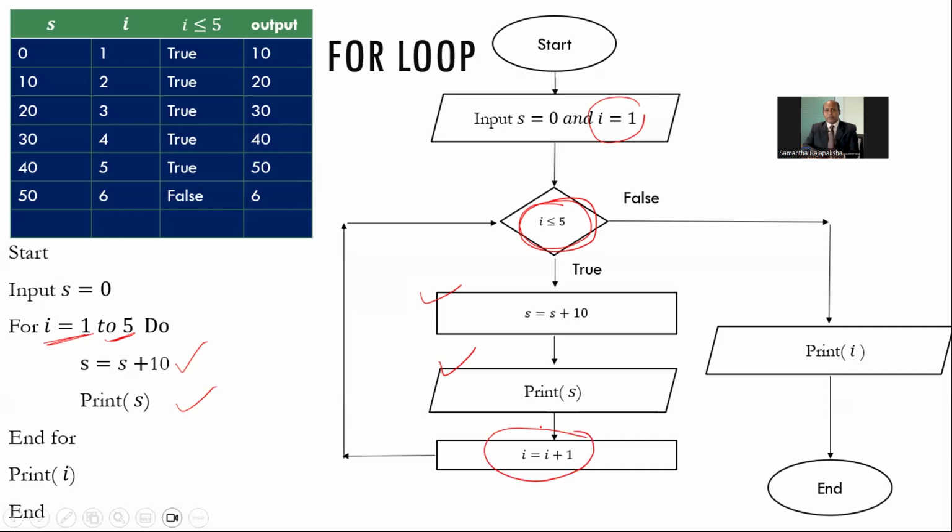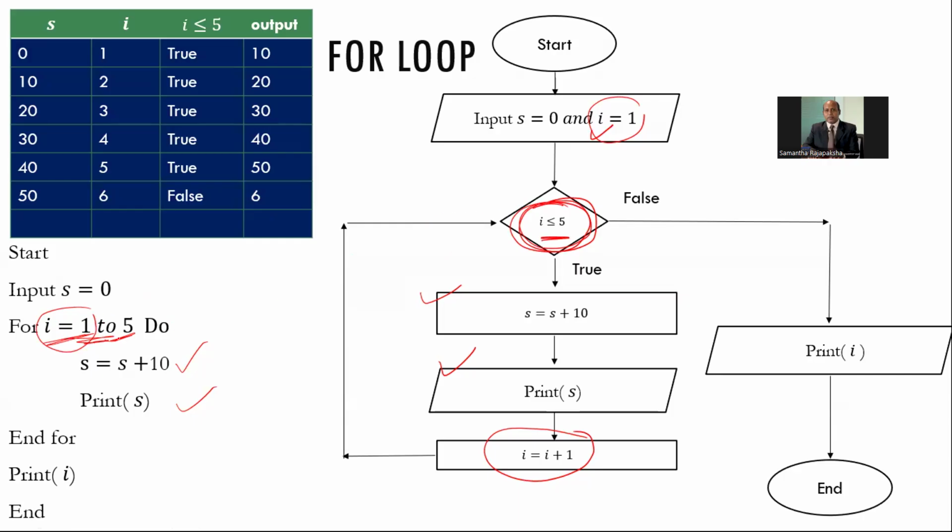So then you can see there are few things when you're converting the pseudocode into flowchart. What are the things? First thing is starting value. Here you have to identify starting value. That's what you have to indicate here. Second is the condition. This condition is not given. You have to find out the condition. It goes from 1 to 5. Then the condition is I less than or equal 5.